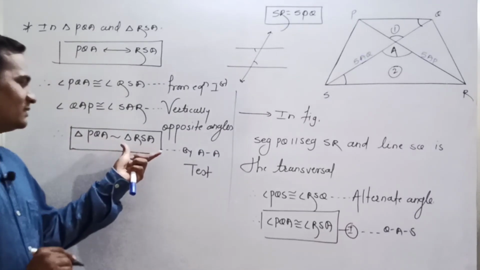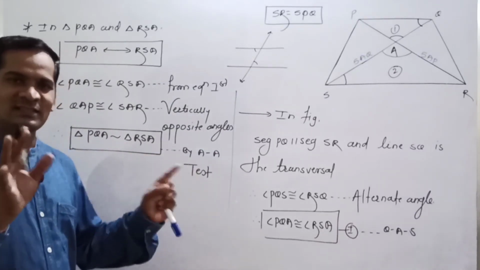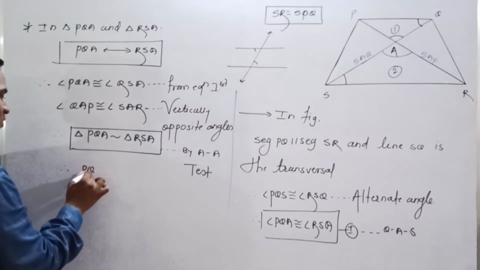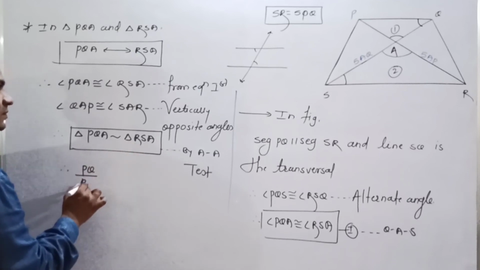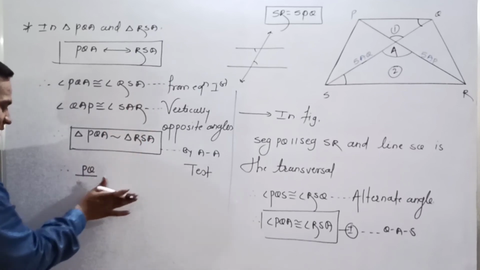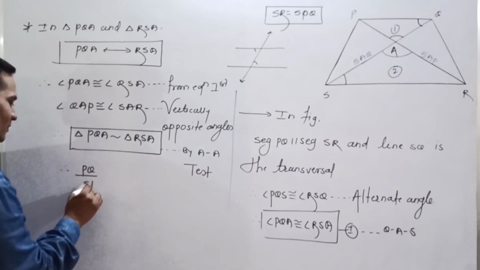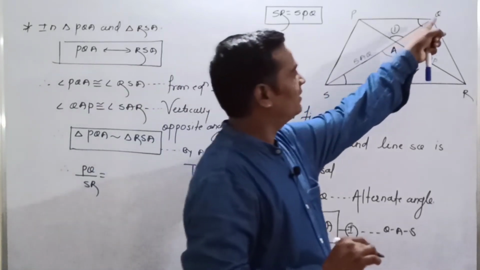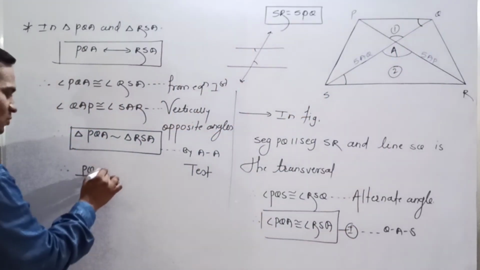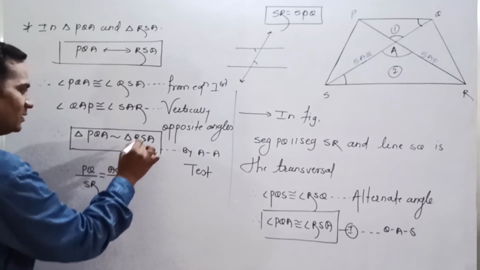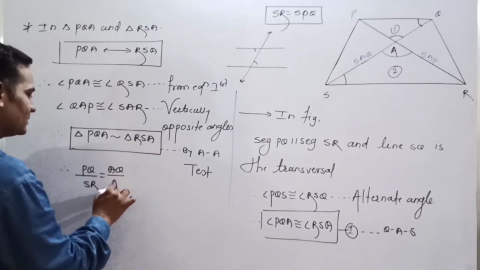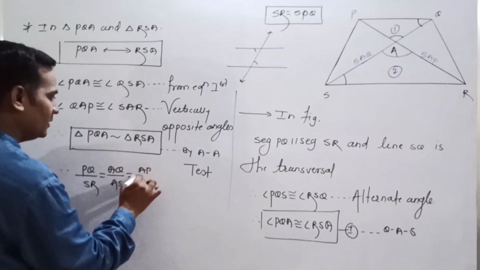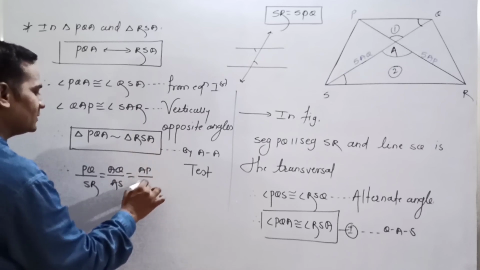And if two triangles are similar, then corresponding sides are in proportion. So let's write down the corresponding sides here. PQ upon RS, that means SR, is equal to QA, that means AQ, upon SA, that means AS, is equal to PA, that means AP, upon RA, that means AR.